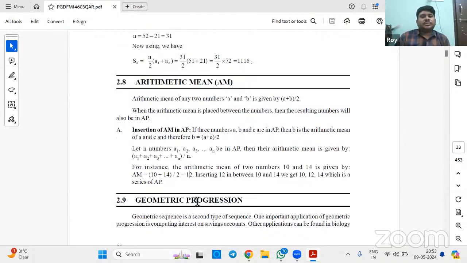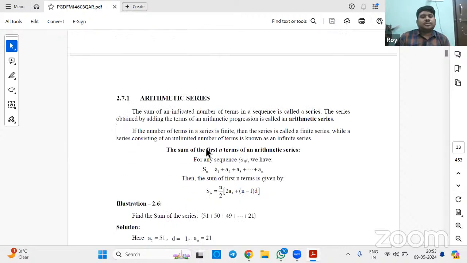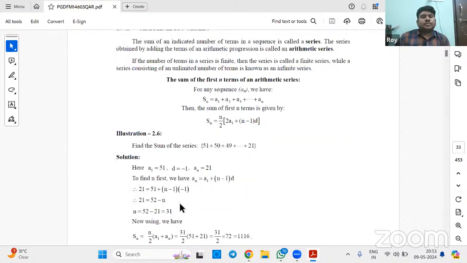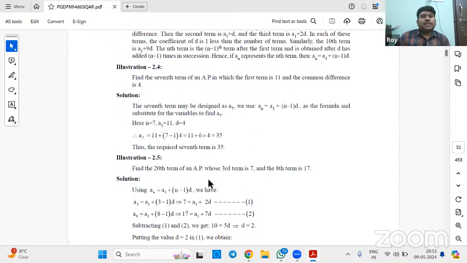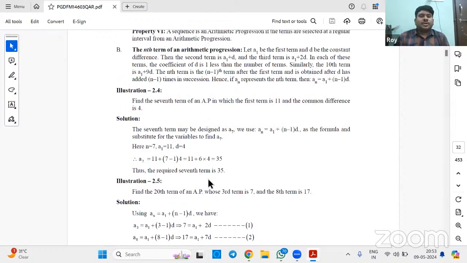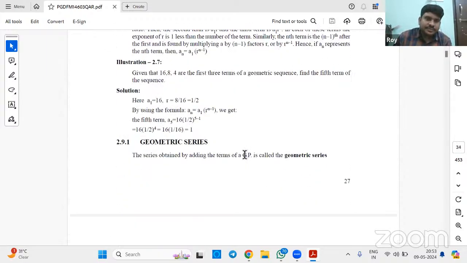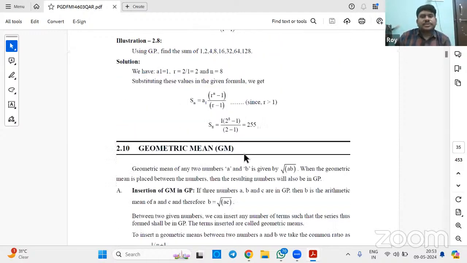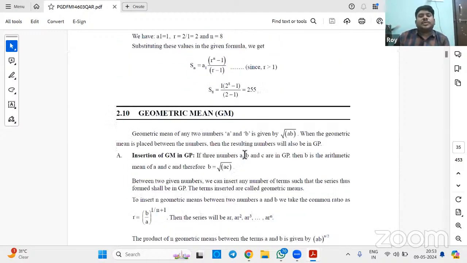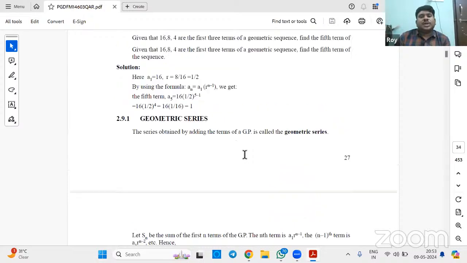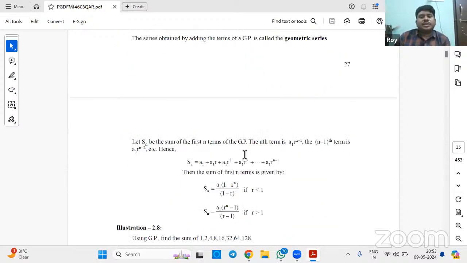Arithmetic mean, nth term. Yes: a1 plus (n minus 1) into d. Based on that, we can get the arithmetic series. Understood. Geometric mean: how will we calculate the GP series?